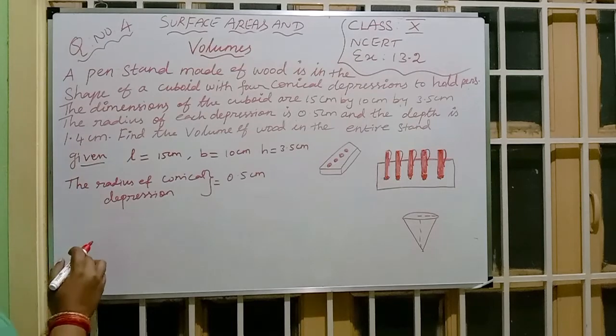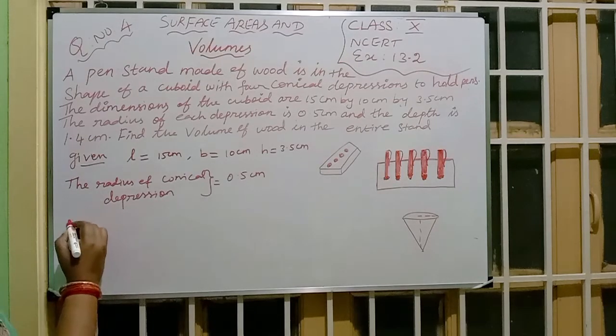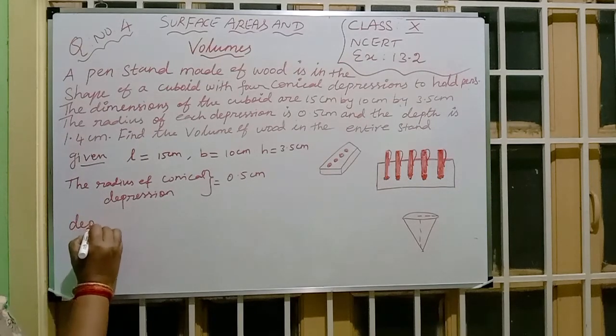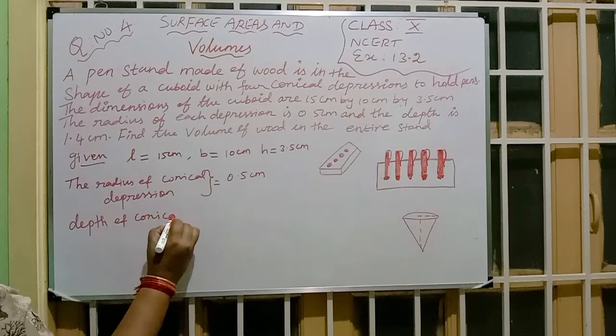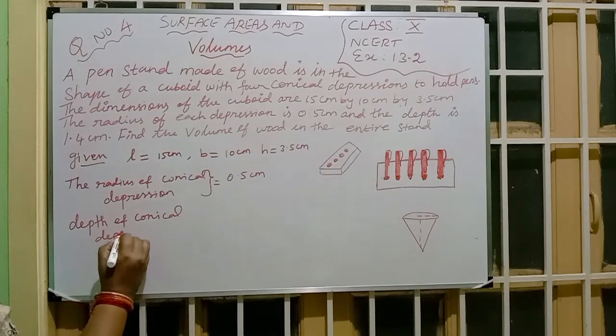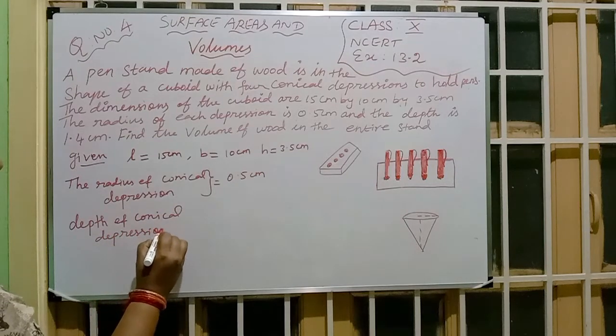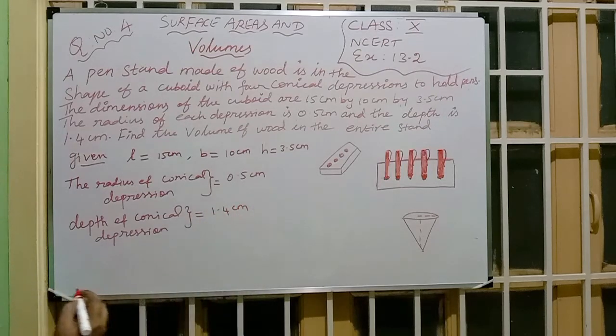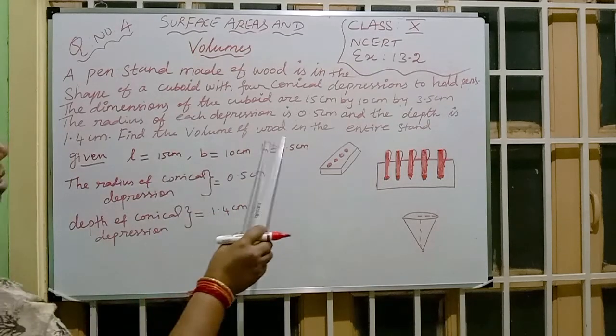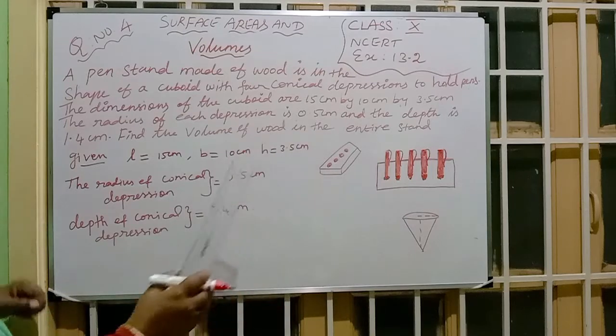That is the height of the conical depression, that is the depth of the conical depression, equal to 1.4 centimeter. We have to find out the volume of wood in the entire stand.